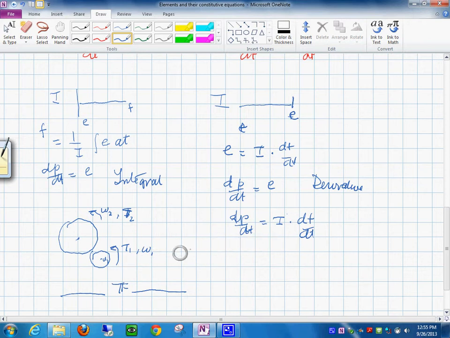Any questions about this? If you have in here a torque and an angular velocity get transformed into another torque and another angular velocity. And in the case of the gear, it's just a gear ratio. So we could write this like this.